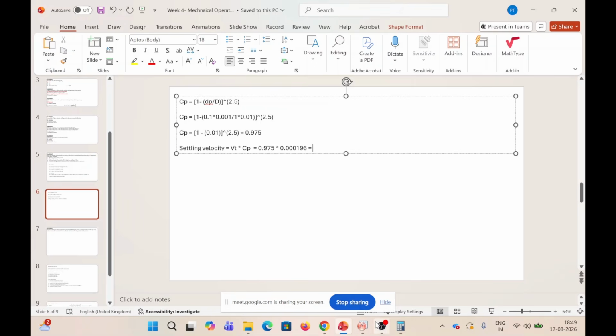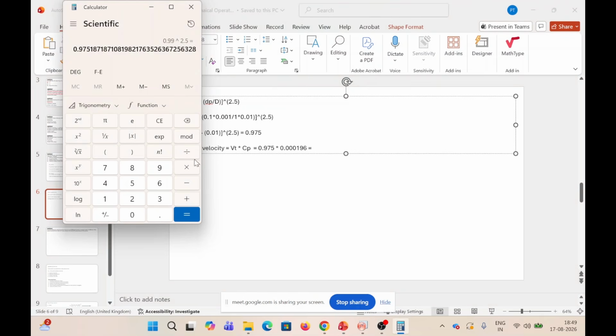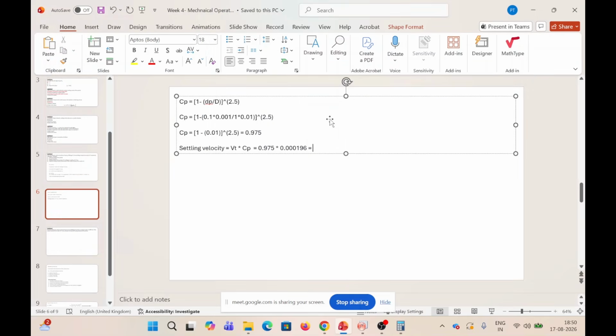So the value is 1.9113 times 10 to the power minus 4 meter per second. So this is the settling velocity of the particle.